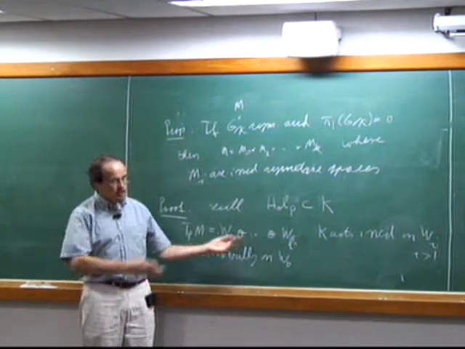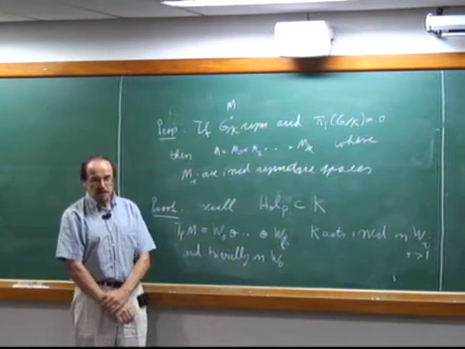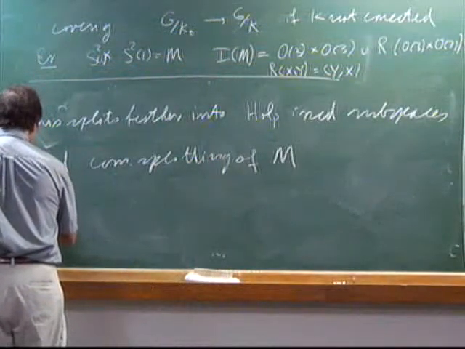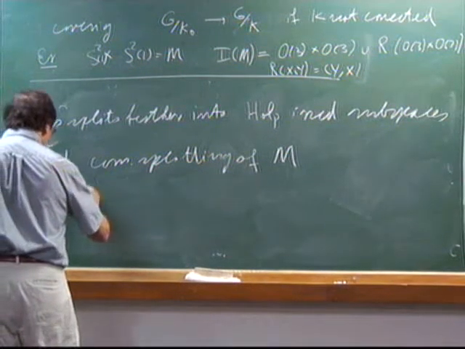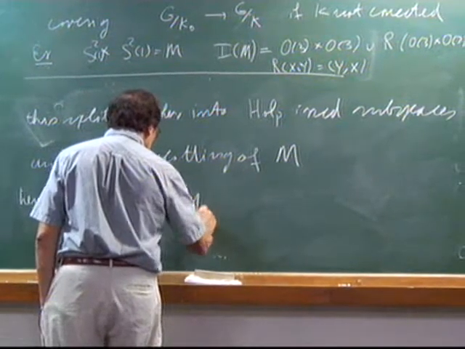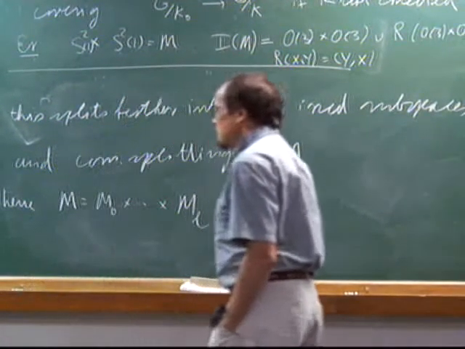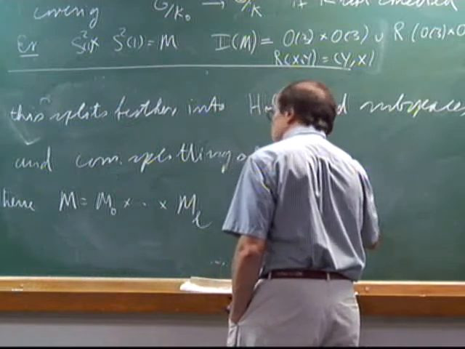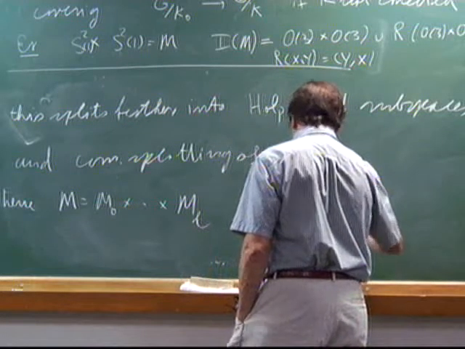Right? So if W_i splits into a certain number of factors, I just collect those into one M_i. And so hence M is equal to M0 cross M1 up to Ml, where the tangent spaces of the M_i are equal to the W_i.